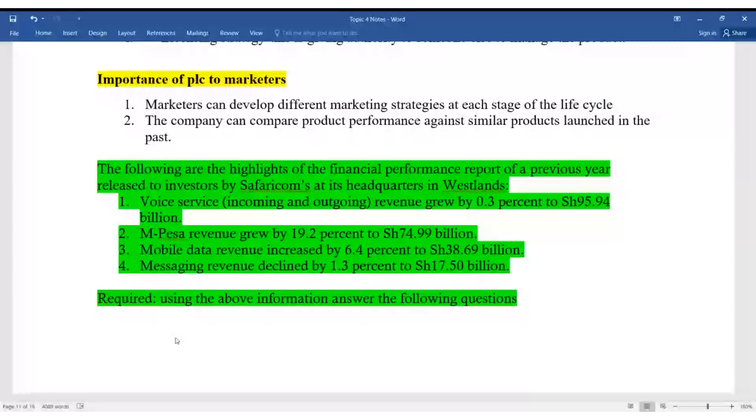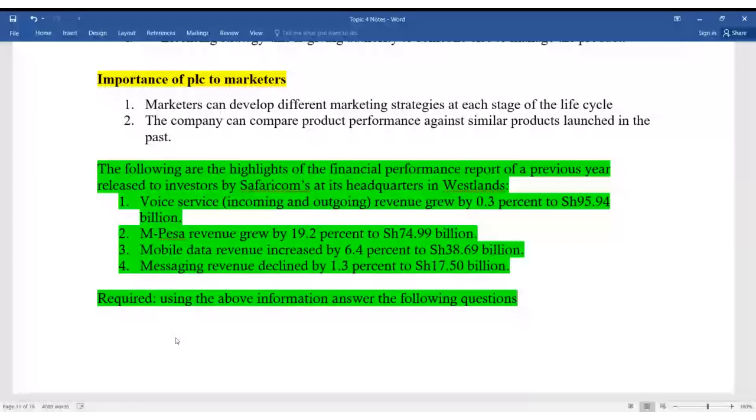Like for example, the reason why you find that there are so many incentives Safaricom gives its customers is to maintain this high level of performance because the product has reached maturity. So in order to maintain the customers, they keep on giving incentives.